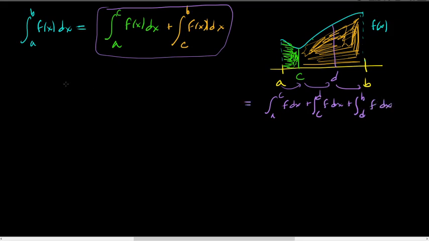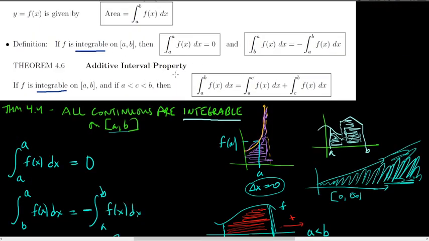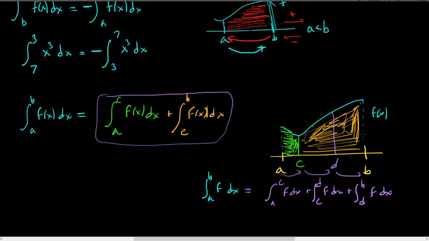I hope you can read that. And of course, that'll just be the same thing as going all the way from a to b. So yes, this is the additive interval property. You're just adding up the areas of each piece of it.